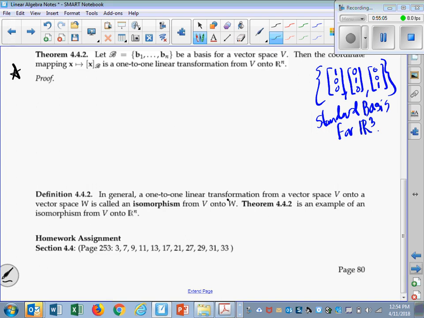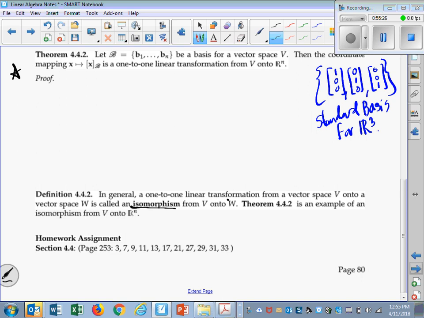For now, we'll just say transformations are isomorphic, or isomorphisms, if they're one-to-one and onto linear transformations. So this previous theorem is an isomorphism, this particular mapping.